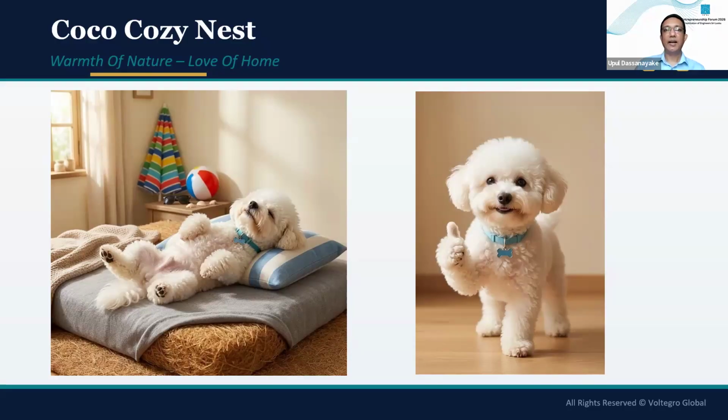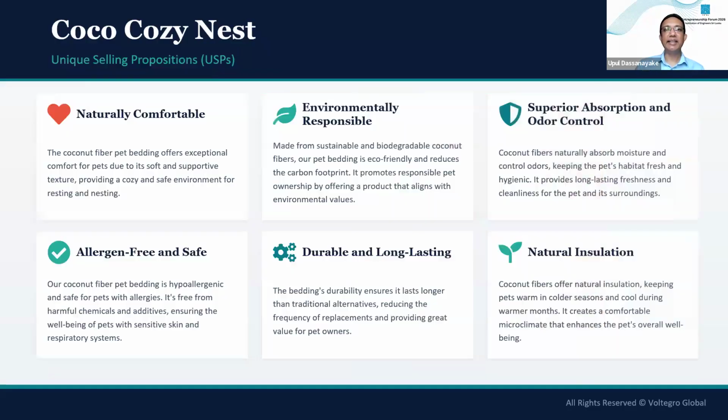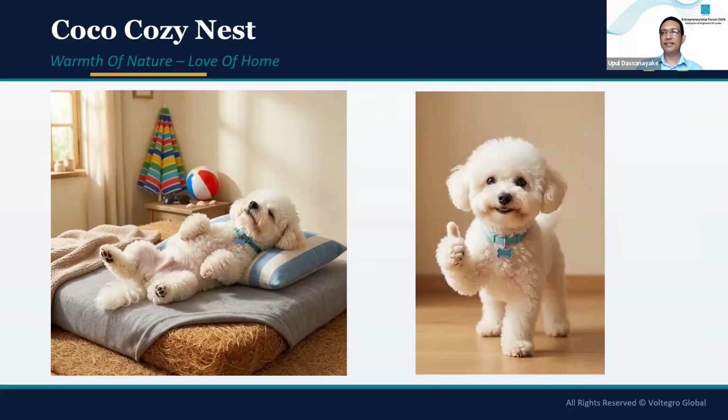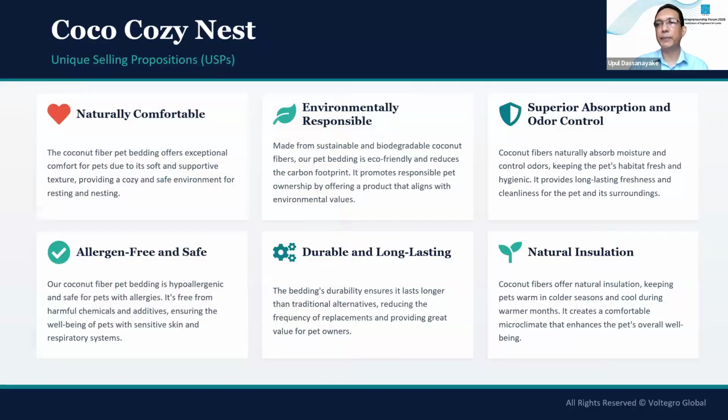Now let's see why this product is unique. It's another niche product. These are the USPs of this product. Naturally comfortable. The coconut fiber pet bedding offers exceptional comfort for pets due to its soft and supportive texture.